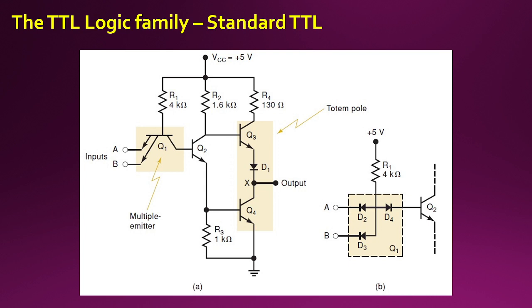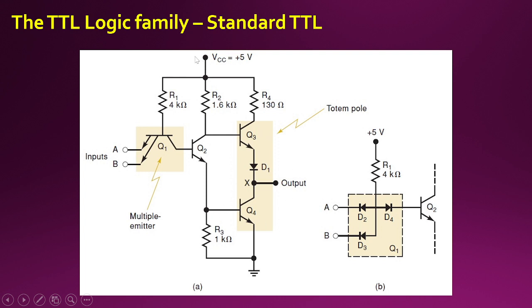So let's move on and have a look at the TTL logic family, where we will just have a look at the standard TTL. Now in standard TTL, this is the internal structure of a standard TTL, where we have a few sections that need to be discussed.